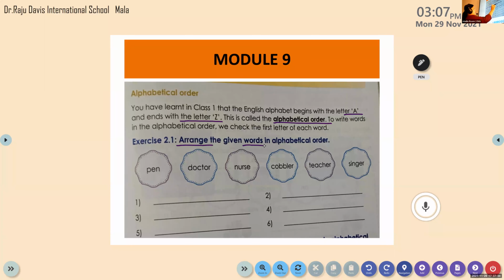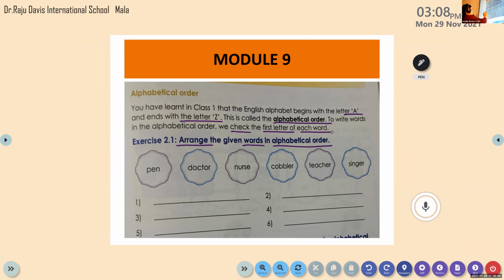Now, in this particular exercise, we are asked to arrange the words in alphabetical order. When we do that, the first thing we have to check is the first letter of each word. Now there are 6 words here.